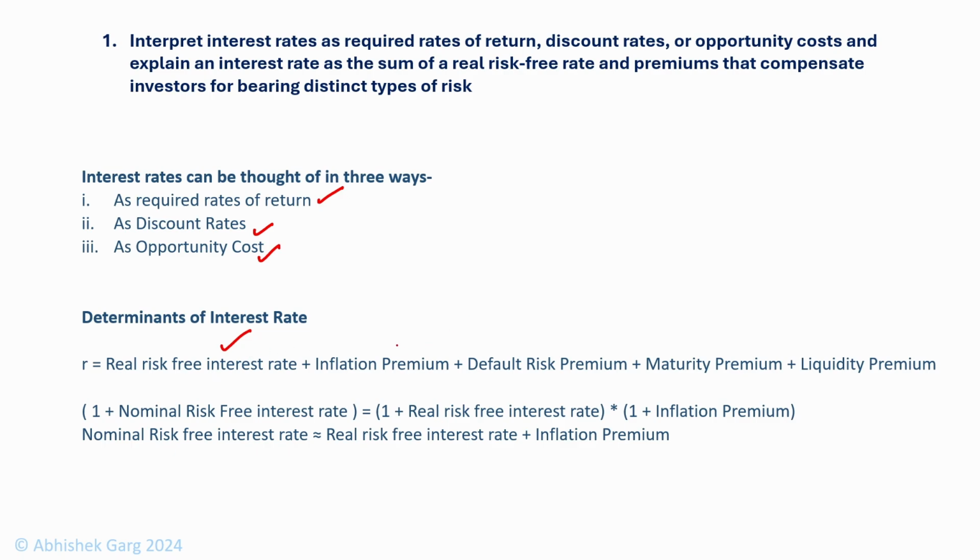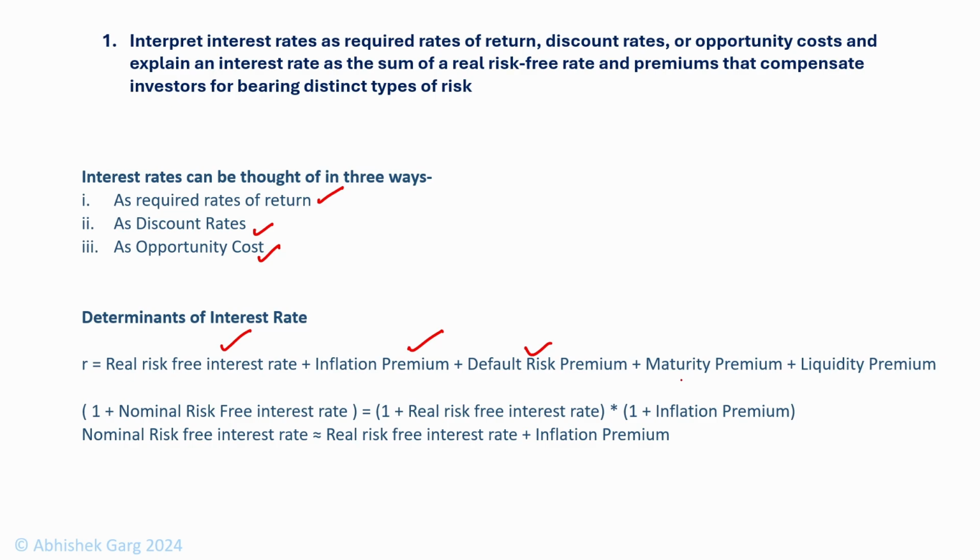Then we add the inflation premium into the real risk-free rate. That inflation premium compensates the investor for the inflation that is happening in the economy. The third component is default risk premium. Suppose instead of a risk-free asset, you invest in a risky asset. So that risky asset will need to compensate you for that particular credit risk. So that is your default risk premium.